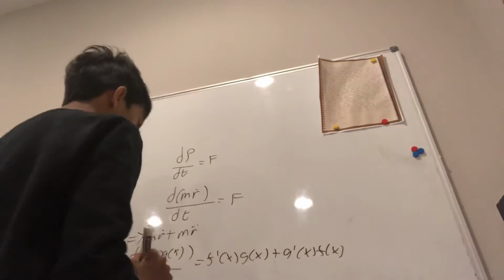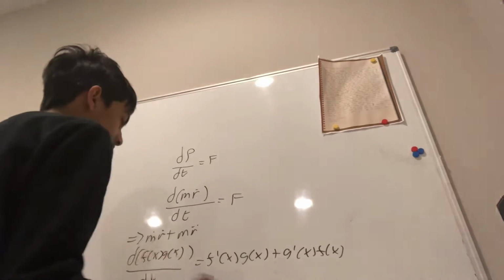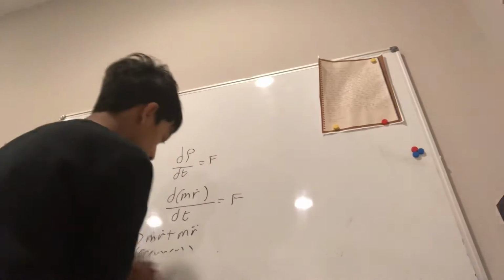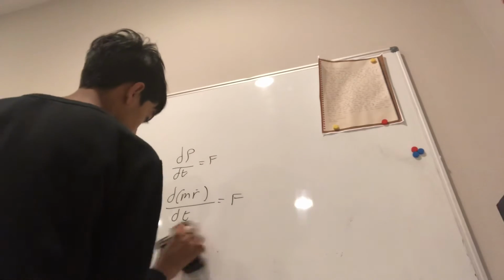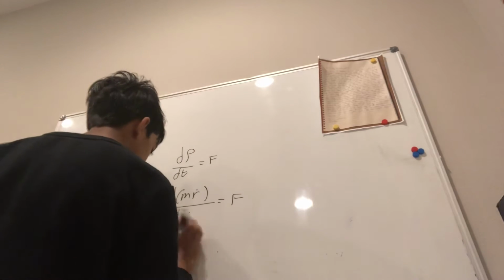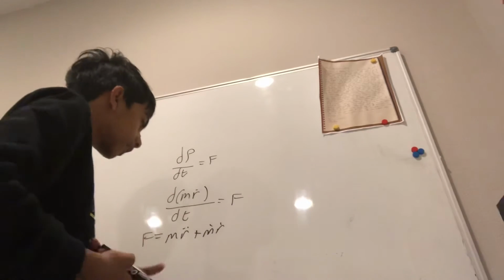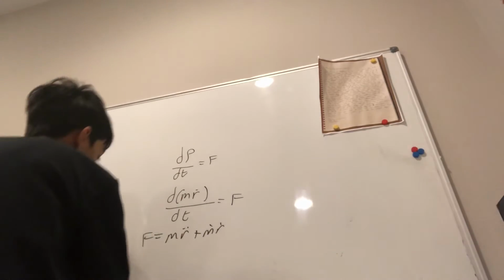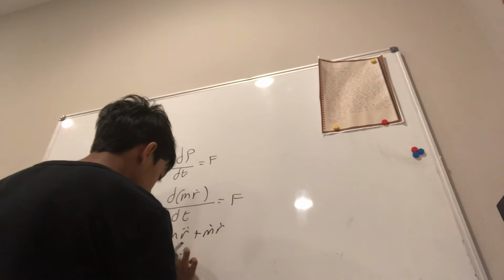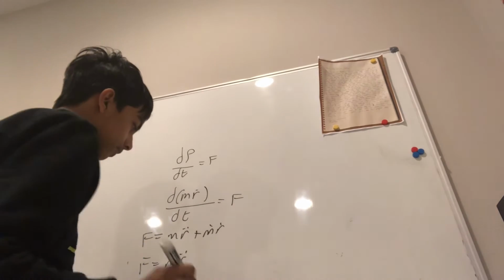In this case, f of x is m and g of x is r, but this time we're taking the derivative with respect to time. And you can see that F is equal to m r double dot plus m dot r dot. Our first equation was F equals m r double dot, so this takes into account the changing mass, as you can see.